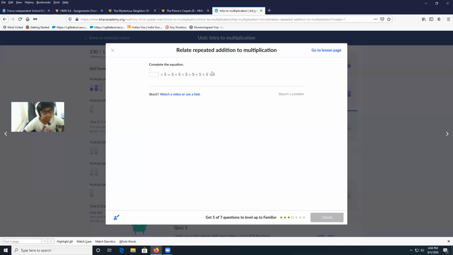Let's double check so it's not wrong: 5, 10, 15, 20, 25, 30, 35. It is 35. They also gave a good hint, because we know something times 5 has to equal 35, and it's in the fives table. So that means 7 times 5 equals what?